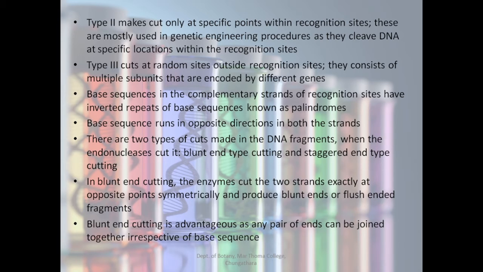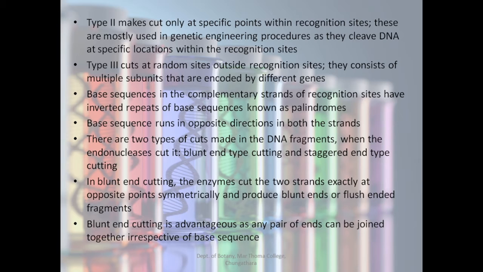The third group is type 3. Type 3 cuts in random sites. It is similar to the type 1 enzymes and they cut outside the recognition sites. A difference between type 3 and type 1 is they consist of multiple subunits that are encoded by different genes. Base sequences in the complementary strands of recognition sites have inverted repeats of bases known as palindromes.